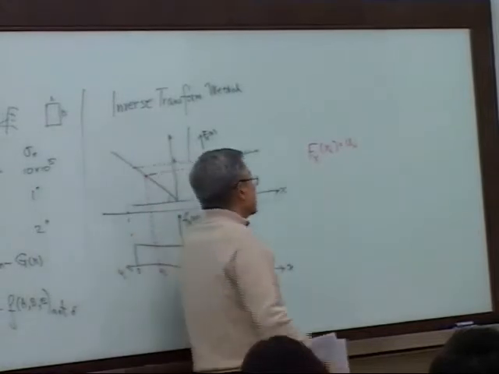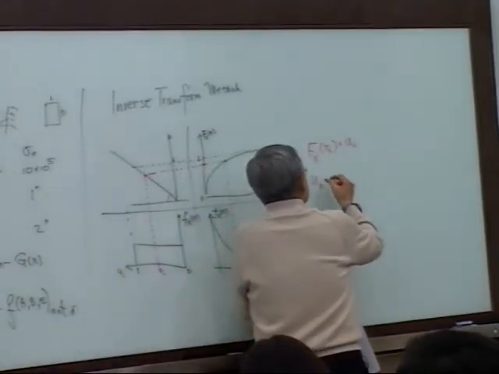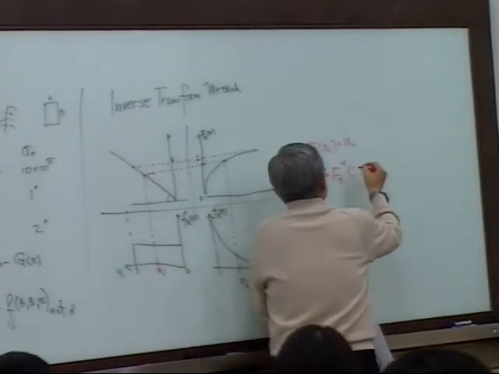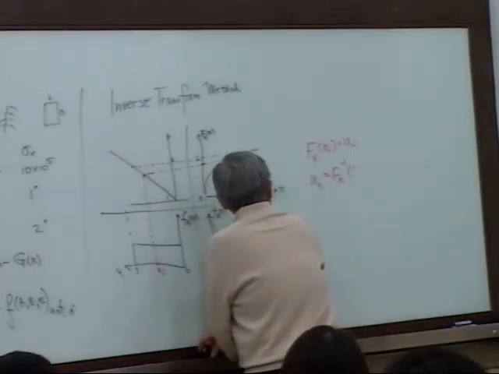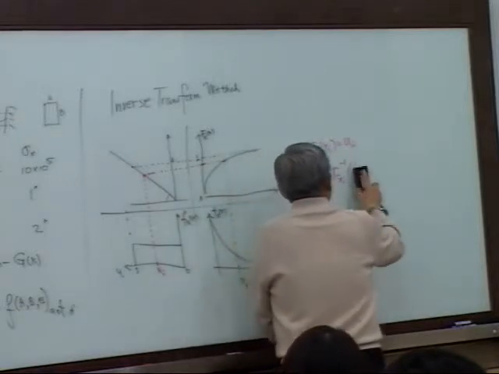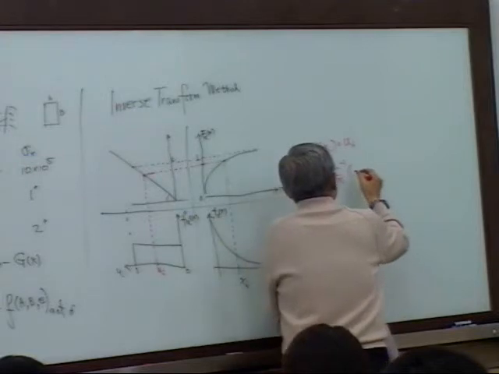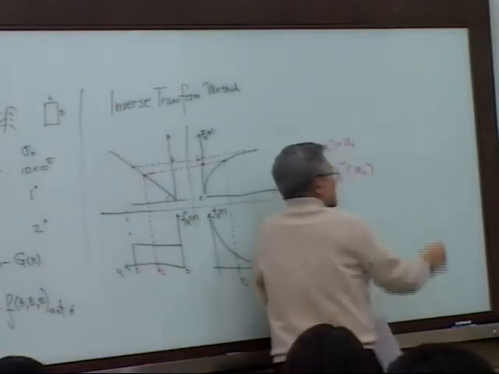Very straightforward. So ui is equal to fx, and xi is the inverse of ui.